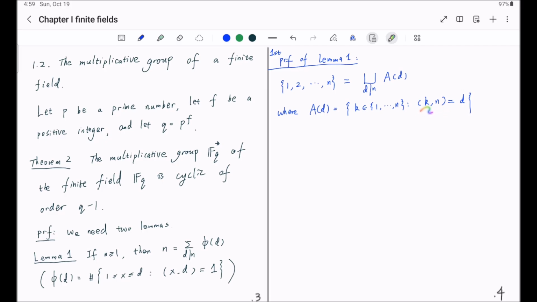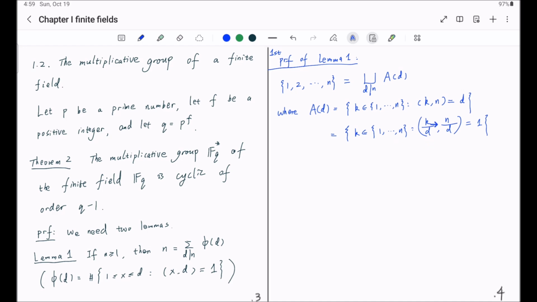This means the GCD of k and n is equal to d. GCD means the greatest common divisor. And now if you divide both sides by d, this is the same as the set of all integers k from 1 through n such that k divided by d and n divided by d are co-prime. This is basic elementary number theory.